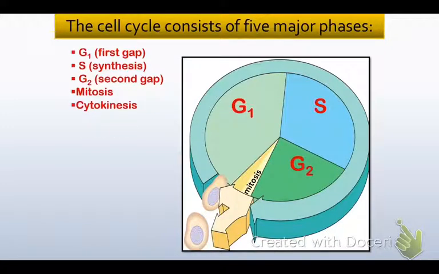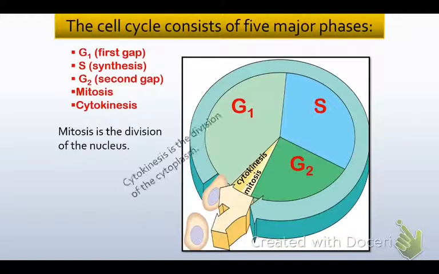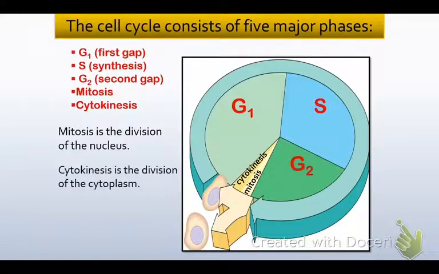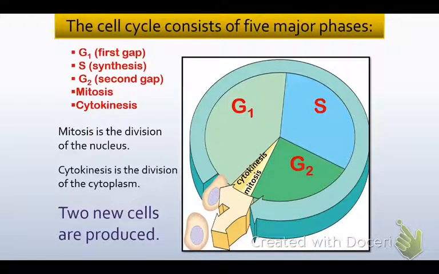Last but not least, we have cytokinesis, which is a tiny little part right after that, and then the daughter cells start back in G1 to S to G2. So mitosis is the division of the nucleus, like we've said earlier, and cytokinesis is the division of the cytoplasm. The important thing to know is at the end of this, 2 new cells are produced.